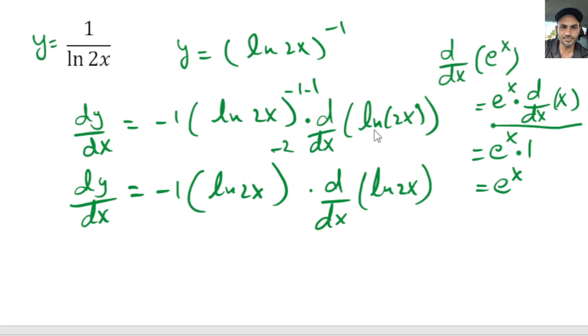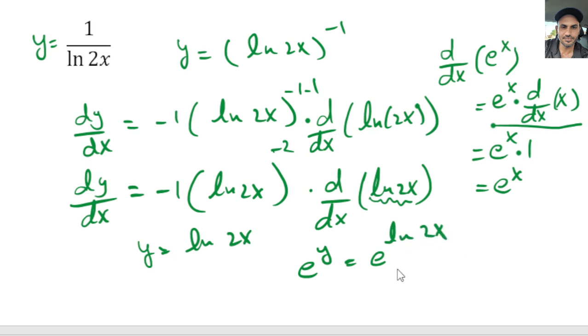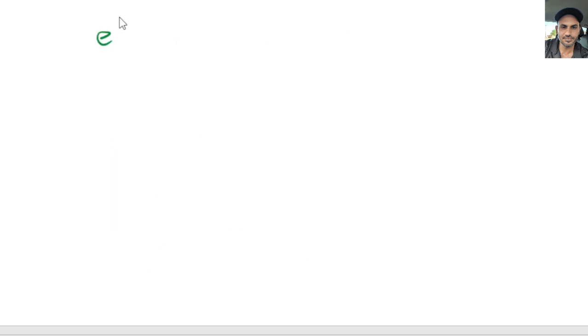Now here we have to apply what we learned already. We know that this thing right here equals, let's say, some y, which is different than the original. So y equals ln of 2x, and then e to the y equals e to the ln of 2x, so e to the y equals just 2x.